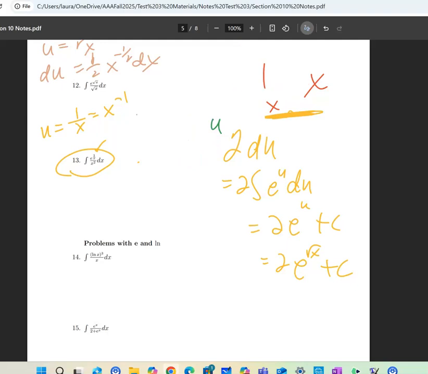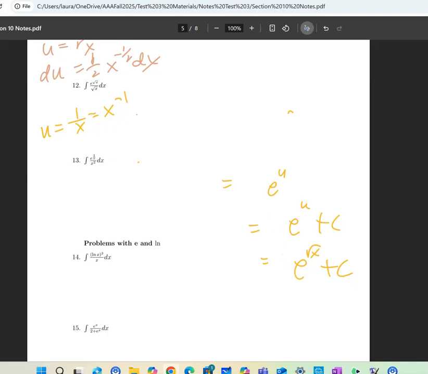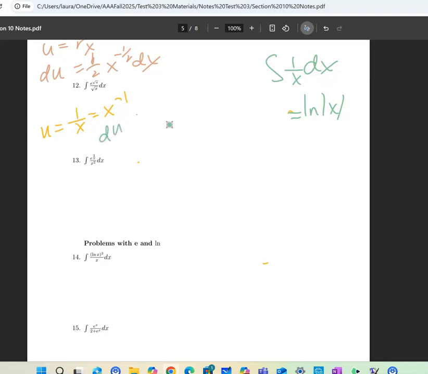So many times, since we're doing derivatives and integrals at the same time, you have to remind yourself that the integral of 1 over x dx is ln of x. The derivative of 1 over x is not ln. The derivative is negative x to the negative 2. So let's rewrite that and see what that is. That's negative 1 over x squared dx.